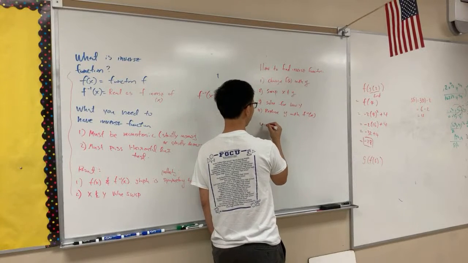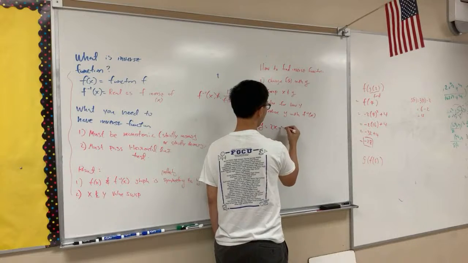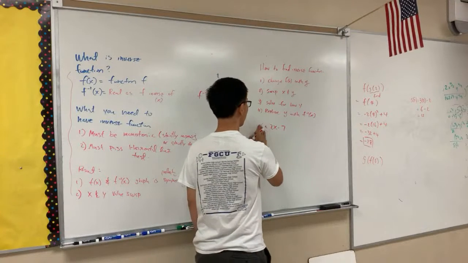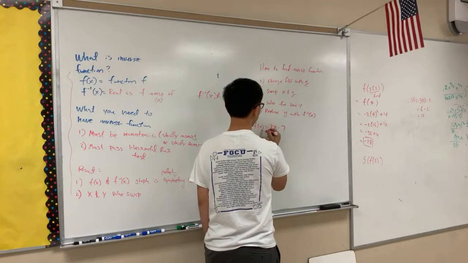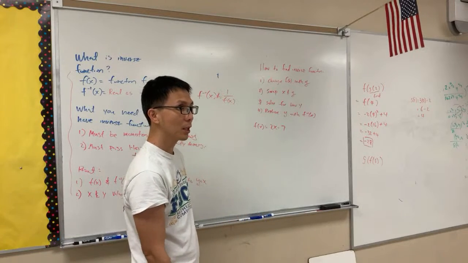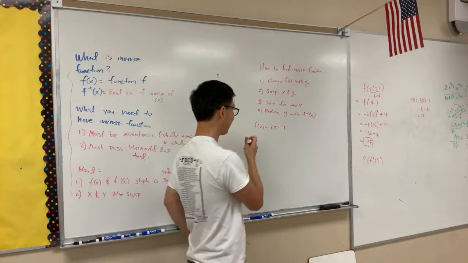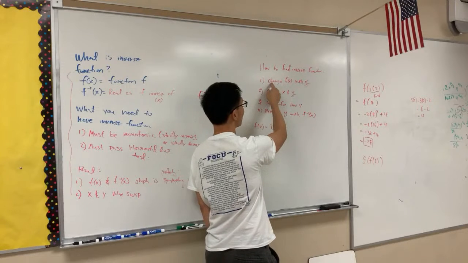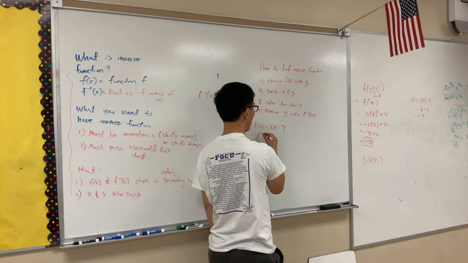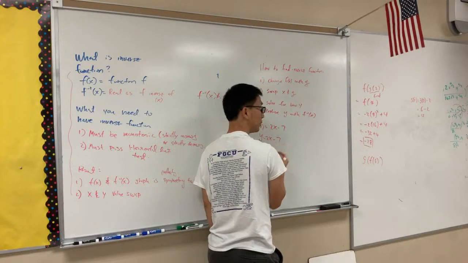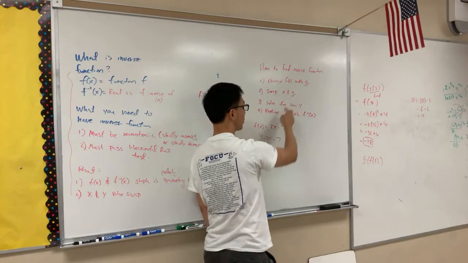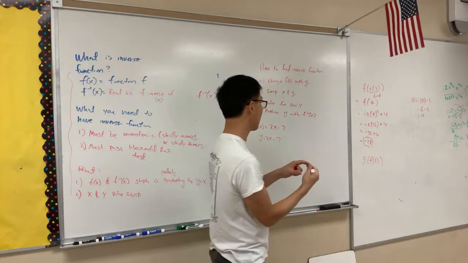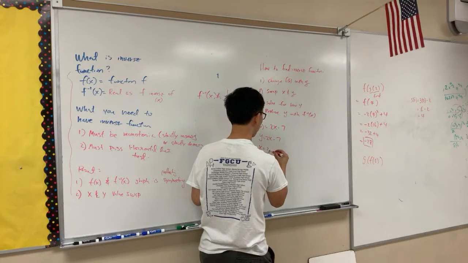Okay? So I'm going to show you how to do it. I'm going to start with f of x equal to 2x minus 7. I'm going to follow the first step and change f of x with the y. So y equal to 2x minus 7, right? Swap x and y. So that means everywhere you have y, you're going to replace it as x, and everywhere you have x, you're going to replace it as y. So it's going to be x equal to 2y minus 7.